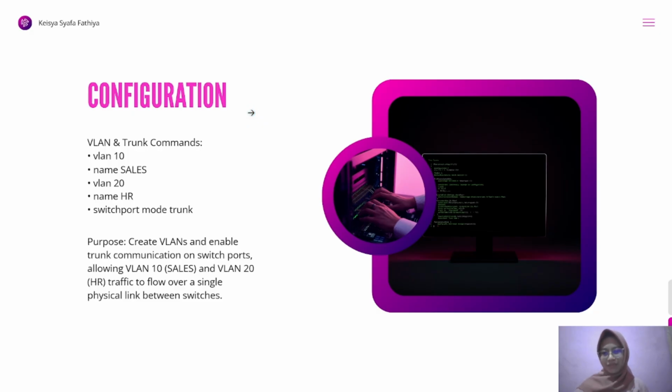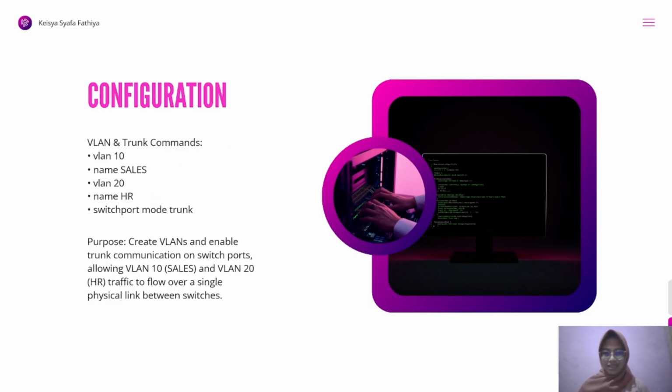To implement VLAN trunking, I first create VLAN 10 and VLAN 20 on both switches. In this implementation, VLAN 10 is named Sales and VLAN 20 is named HR.